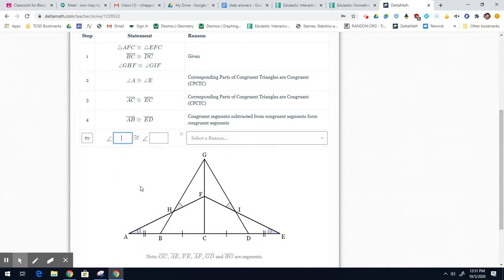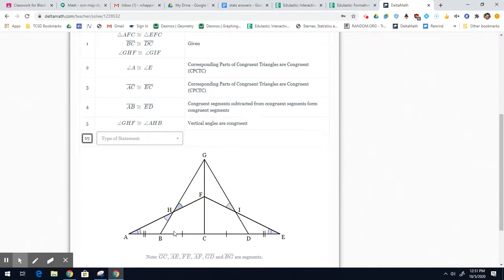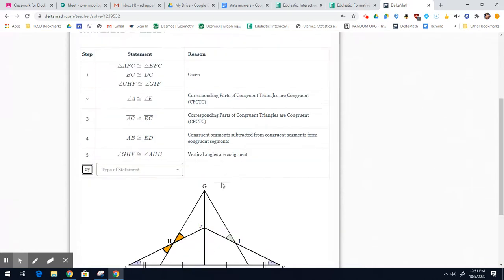So I need angle, let's see. So GHF was listed first. So GHF is here. So angle GHF is congruent to this angle right here. Let's call it AHB, because they're vertical angles and they're congruent. And then the other angle given to us was GIF.